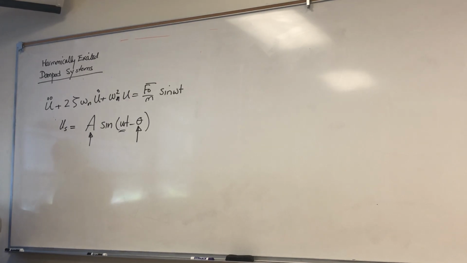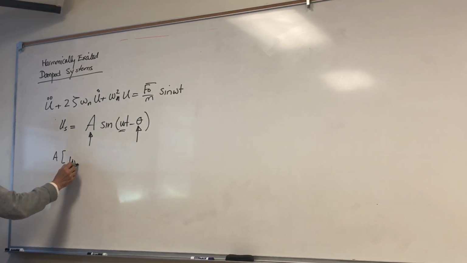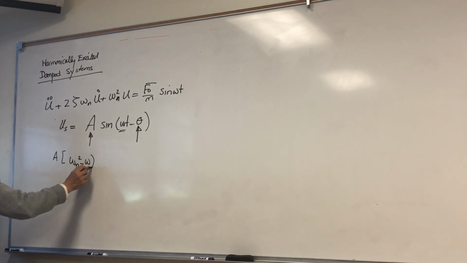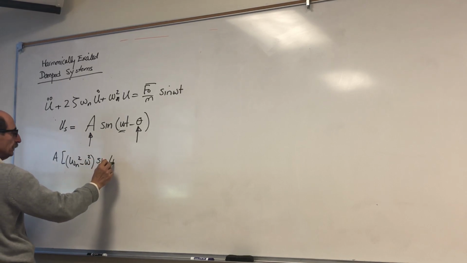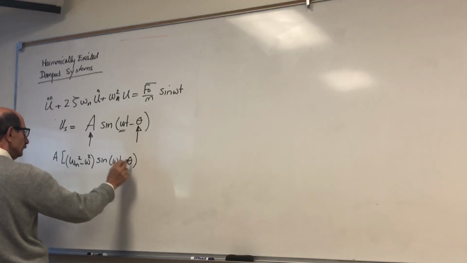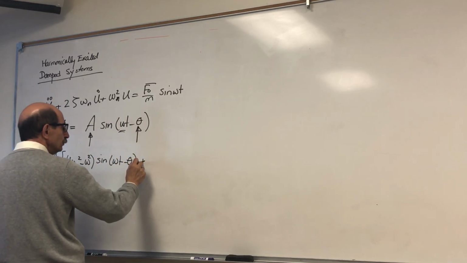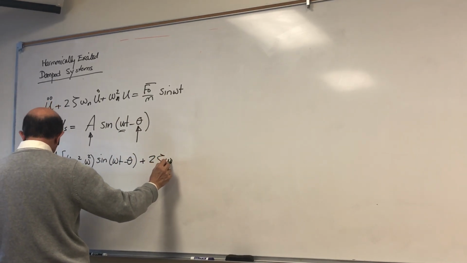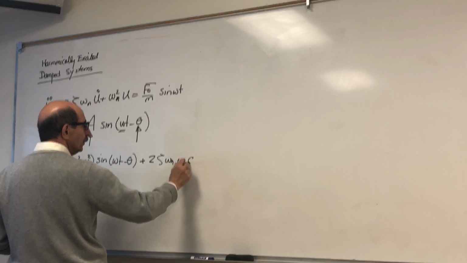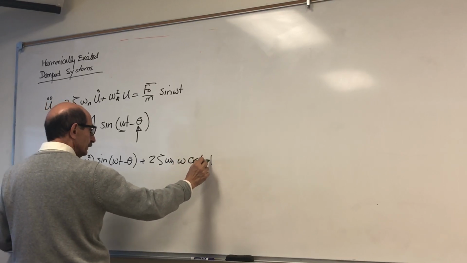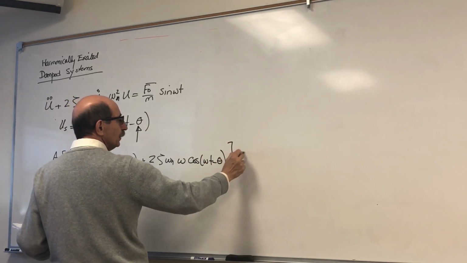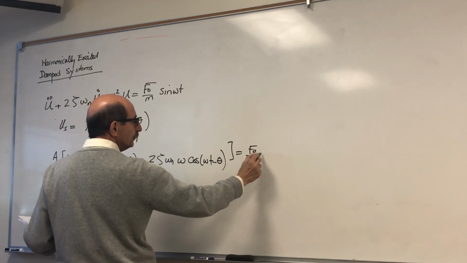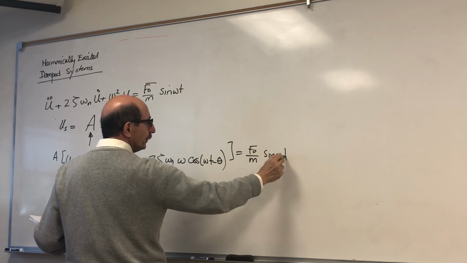You end up with A times (omega n squared minus omega squared) times sine(omega t minus theta), plus 2 zeta omega n omega cosine(omega t minus theta), equal to F0 over m sine omega t.